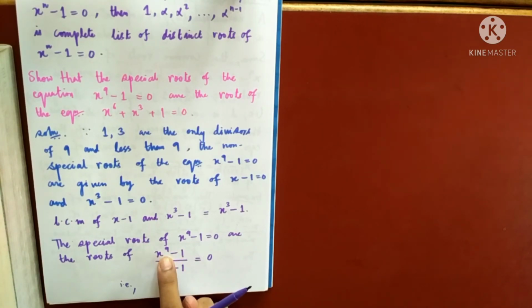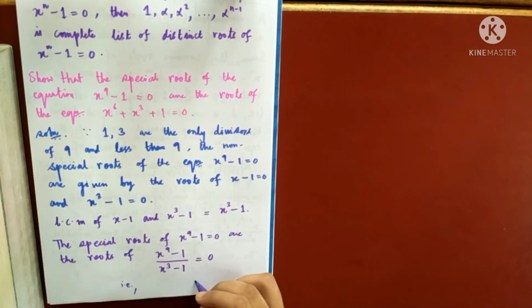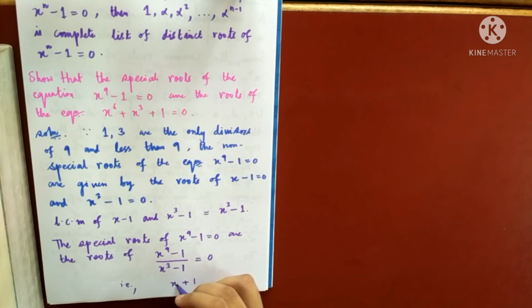This can be thought of as a GP having first term 1 and common ratio r equal to x cube. The number of terms is 3, r is x cube, and the first term is 1. So that is 1 plus r plus r square equals 0. Am I clear? How did I write this one?